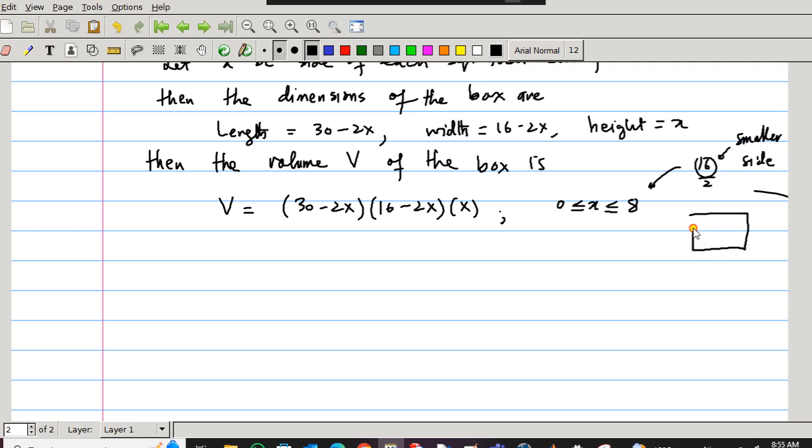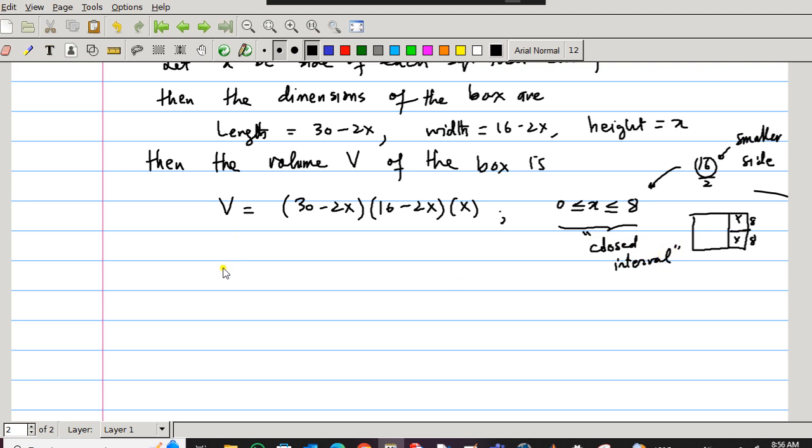Because you see here, I'm cutting the square. If I cut the square of this size, this is gone, right? So if this was 16, it has to be 8 at the maximum. So again we got a closed interval, so it's easy to deal with.